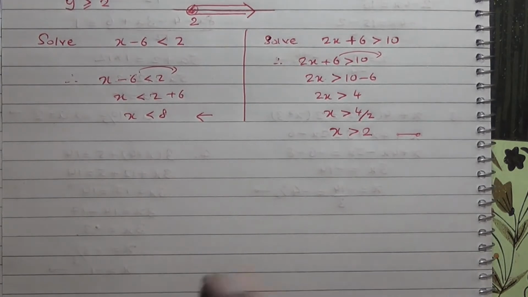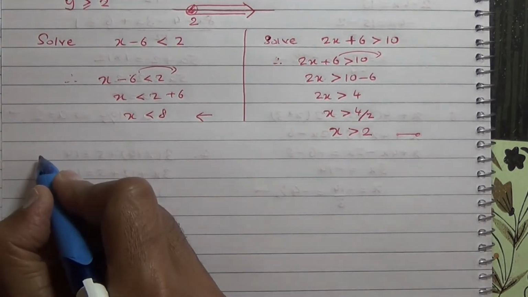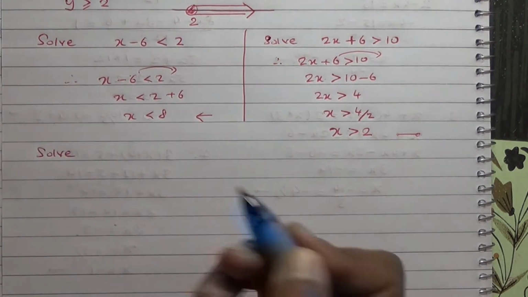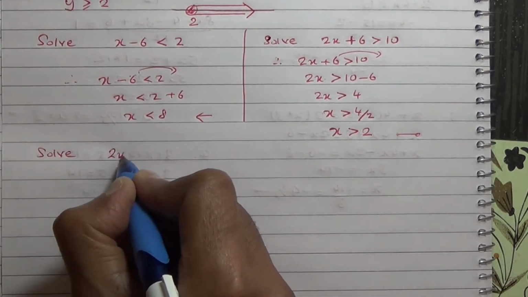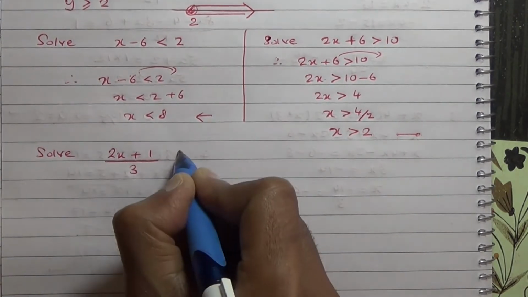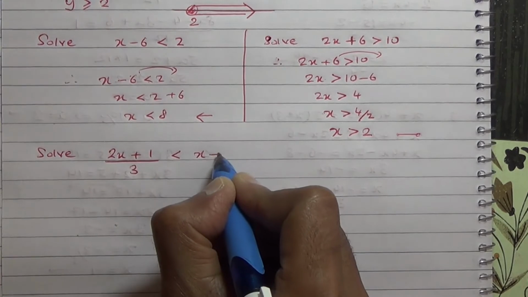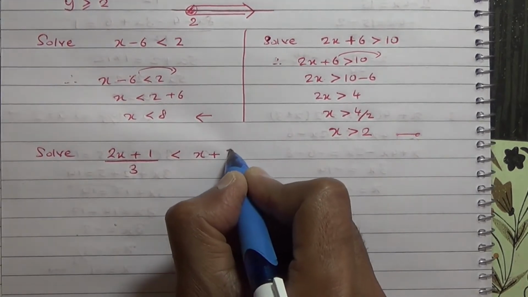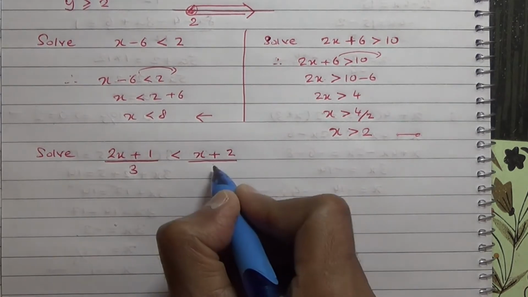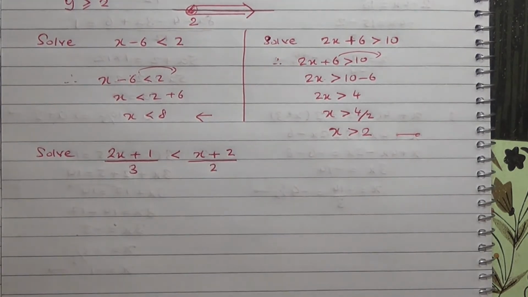Let's suppose I give you another inequality to solve. Like, for instance, if I tell you to solve (2x plus 1) divided by 3 is less than (x plus 2) over, let's say, 2.